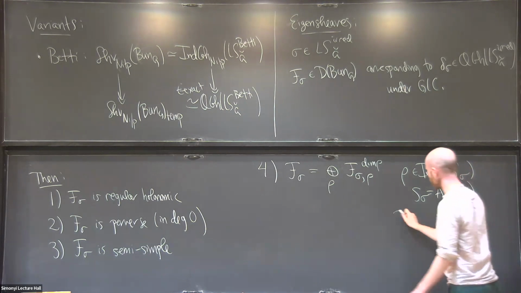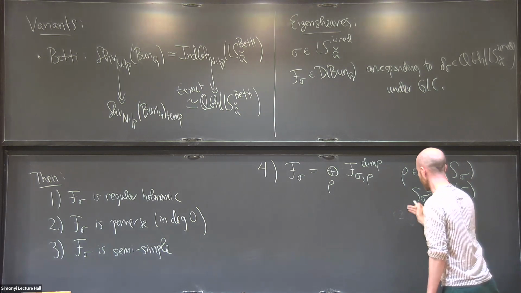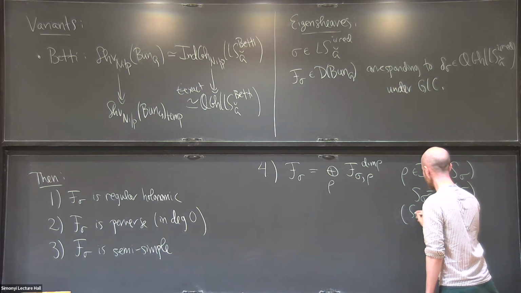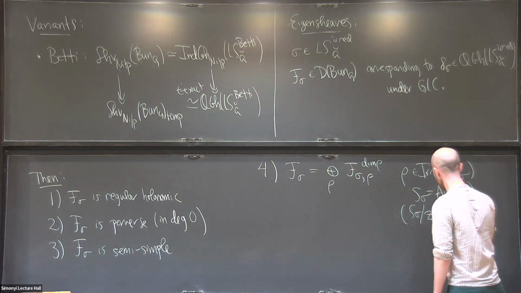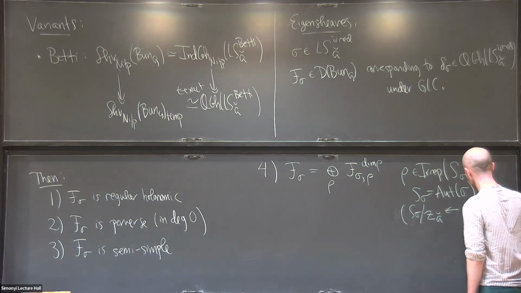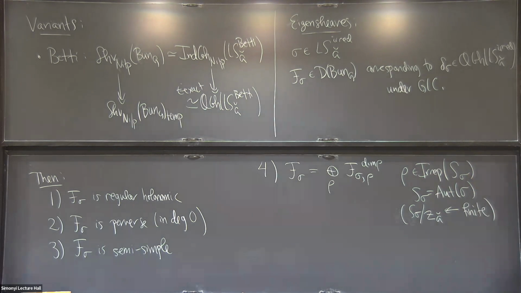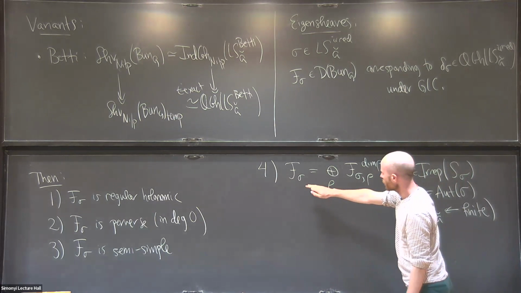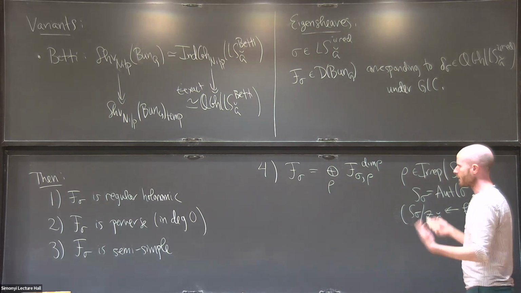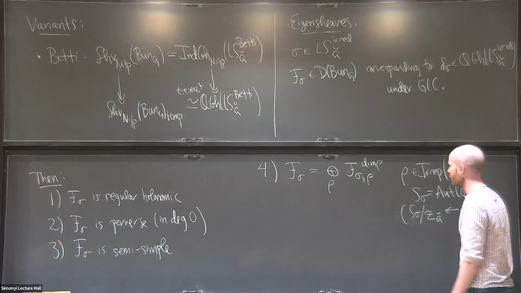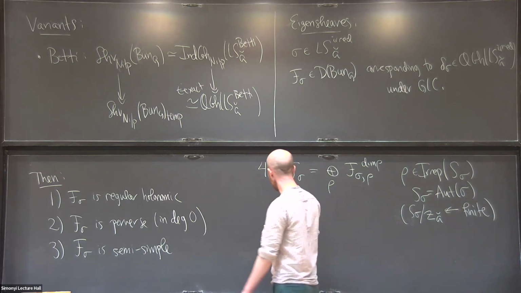And maybe I'll just remind that S sigma mod the center of the group is always finite. This condition you should think of as somehow analogous to the phenomenon of L-packets in the arithmetic theory.